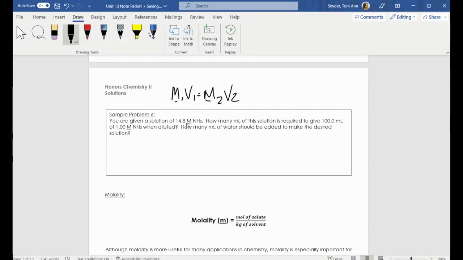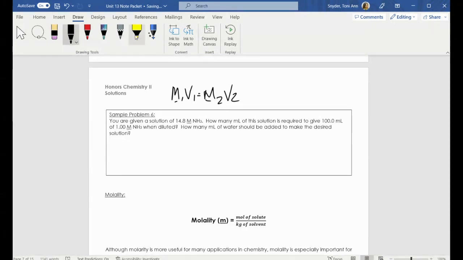So this one says you are given 14.8 molar ammonia. How many milliliters of the solution is required to give 100 milliliters of a 1 molar solution? So I have 14.8 molar ammonia, and I want to know how many milliliters of this I need to make 100 milliliters of a 1 molar solution.